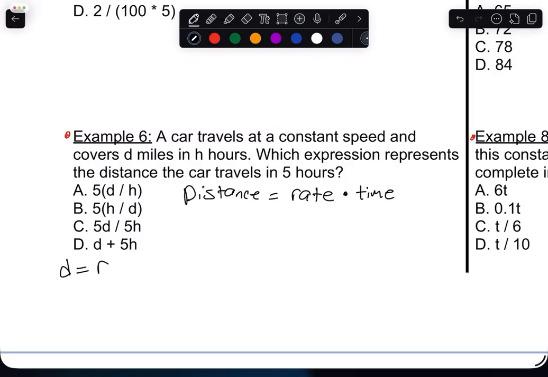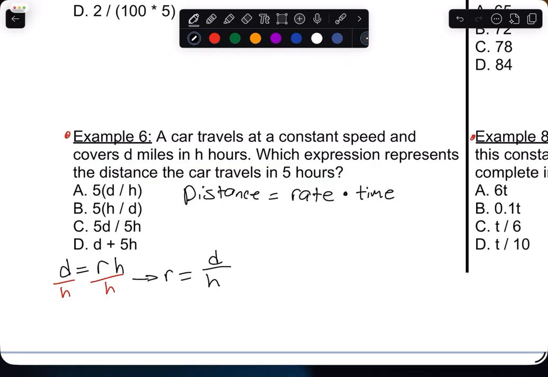Distance equals rate times time, which is H for us. Let's solve for R. You want R by itself, so let's divide by H. So the rate that we're traveling is some distance over the amount of time, which is hours. So we're traveling at this speed of some abstract distance over hours.